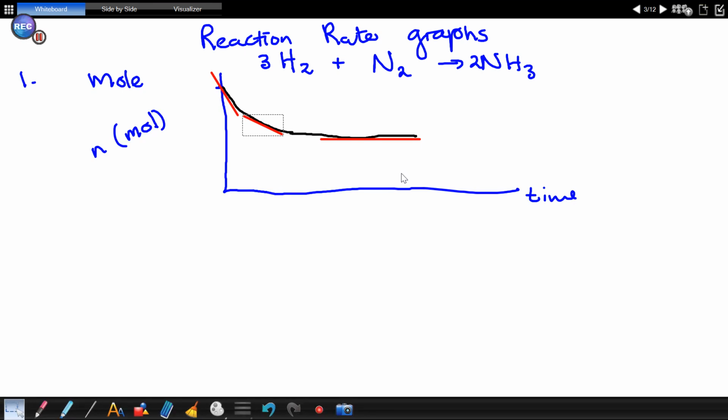You are clear on that? Wait, so then what does the curve mean? The curve is how the moles change as the time goes along. So it is how many moles there are at that moment in time. Okay.